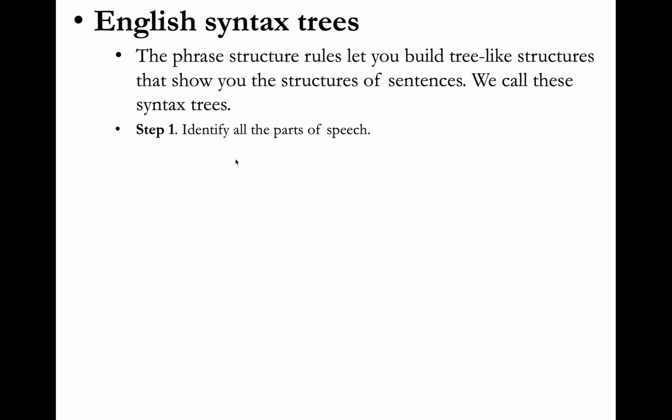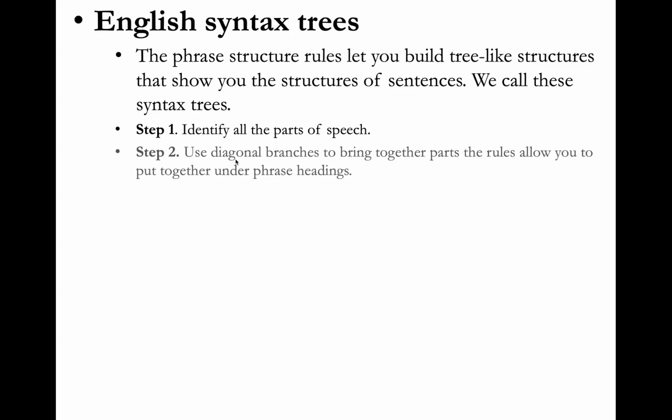So here are the steps. First, you identify all the parts of speech, just like you did for parallel structure. Then you should use diagonal branches to bring together the parts of the sentence that the rules allow you to put together under their phrase headings, right? So you can start to look through the sentence and notice, oh, the verb is here, and this is what's after the verb.